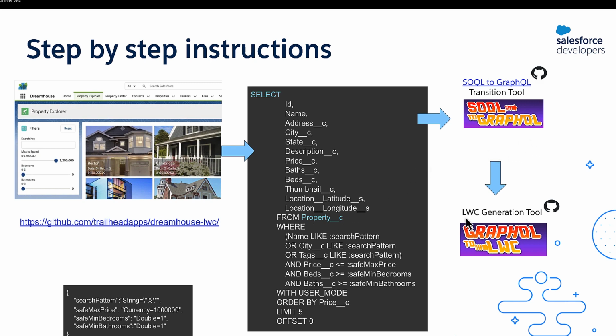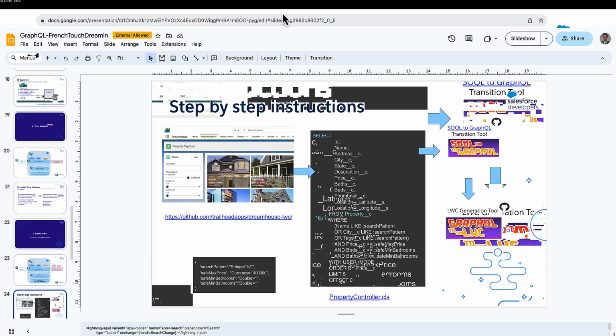Then we'll generate a sample LWC, which will let us retrieve the data from our Salesforce org into the LWC, and that will be a demo we can do in about 2 minutes. But okay, let me show you this. So this is the existing application.